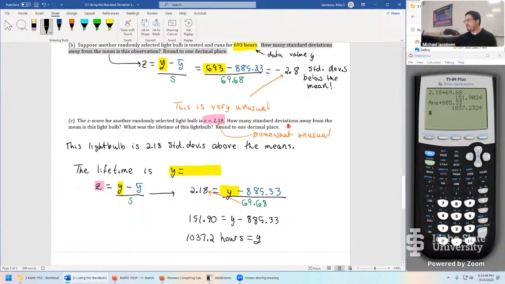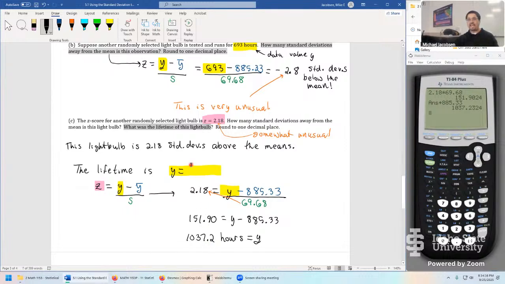So finally we did it. If another randomly selected light bulb in this production run had a z-score of 2.18, that's really unusual. It's 2.18 standard deviations above the mean. That's this part of the question. Again, it seems kind of silly, but it's confusing unless we know we're just connecting literally. Z-score is the number of standard deviations. But the actual lifetime of this light bulb was that value, 1037.2.